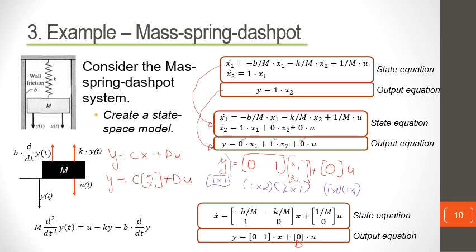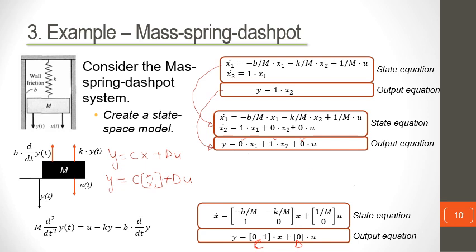The D matrix is 0. The C matrix is as follows. We can then follow the same approach with our A, the differential equation here, A.